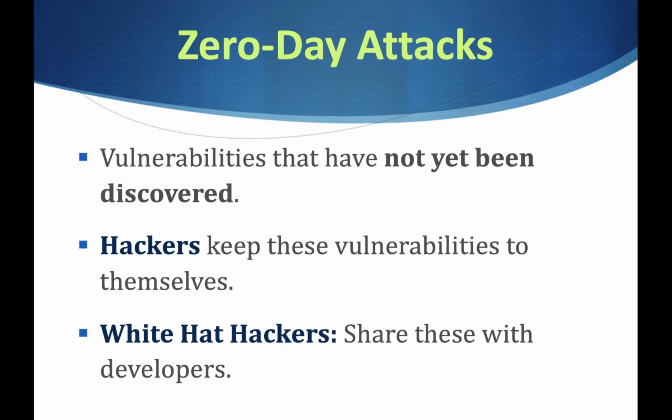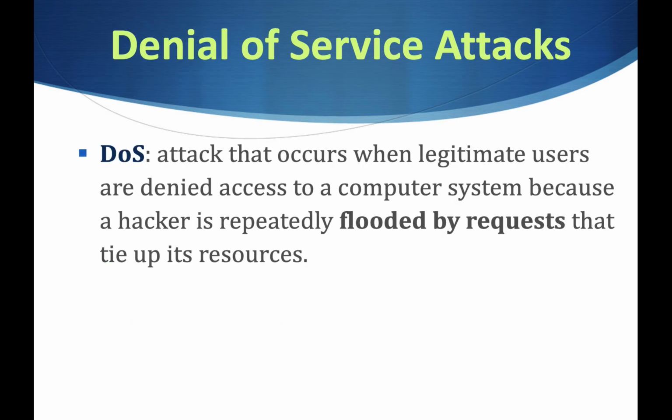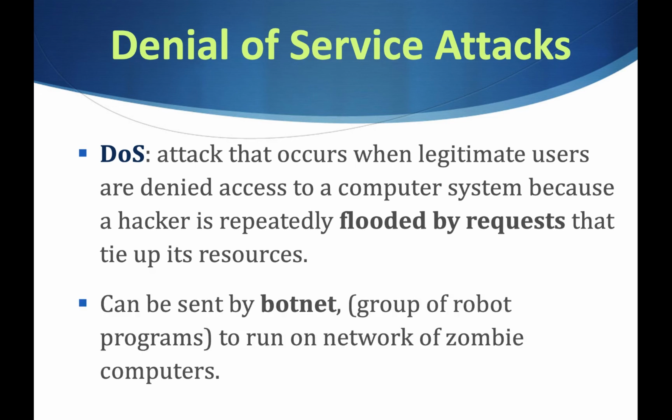Some of these other things they mentioned in the chapter are things that will affect big companies, zero-day attacks. They prey on vulnerabilities that haven't even been discovered yet. Hackers use these. So these aren't things that are coming after your local computers, but they happen to bigger companies. Denial of service attacks, you've probably encountered these when Amazon is down, Google's down, bank accounts are down, where you have hackers going after big companies and flooding their websites and flooding requests, or their site gets shut down.